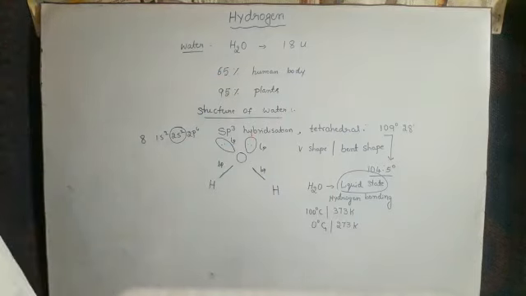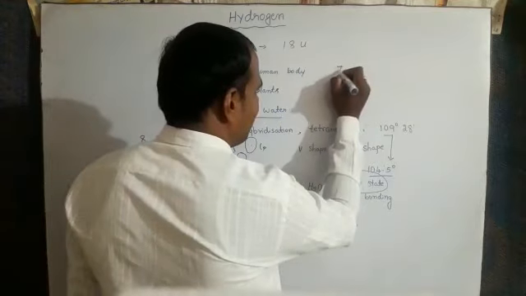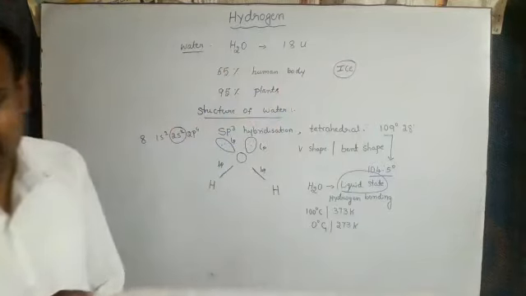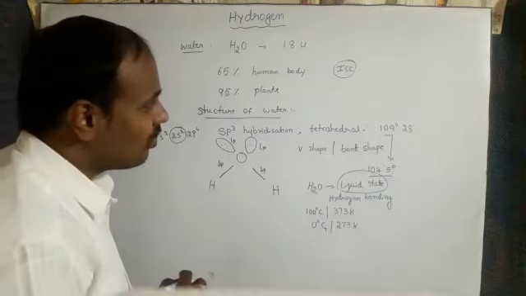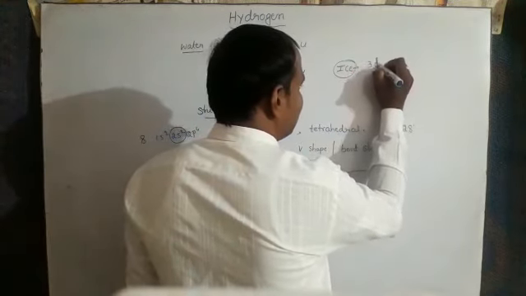And the next one is the crystalline form of water, which is ice. Ice has a highly ordered three-dimensional hydrogen bonded structure.